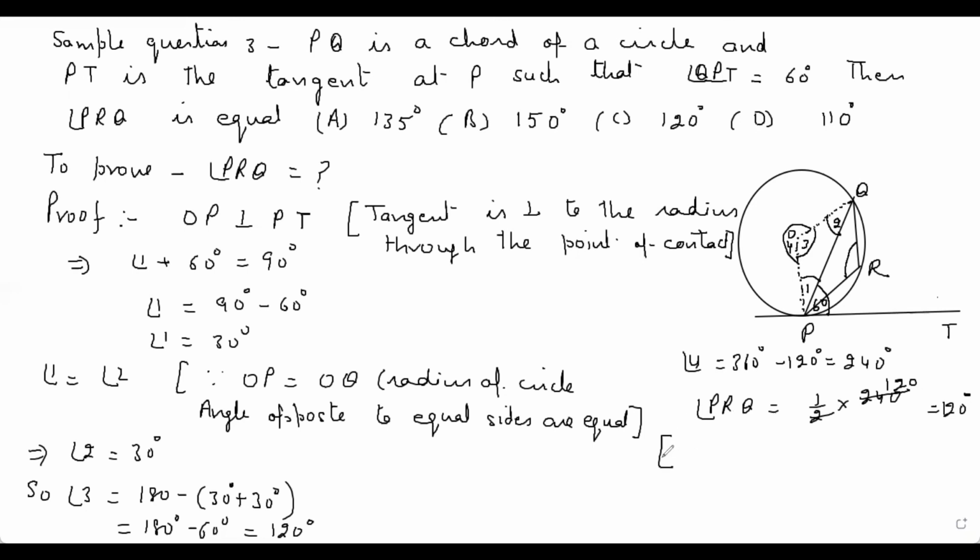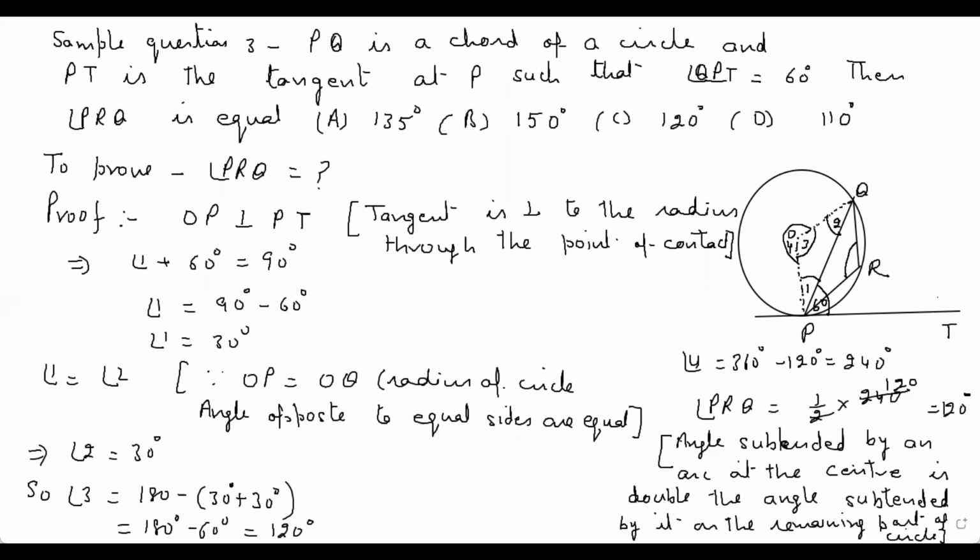So I'll write here. Angle subtended by an arc at the center is double the angle subtended by it on the remaining part of the circle. Or you can also say this angle PRQ is half of this angle.